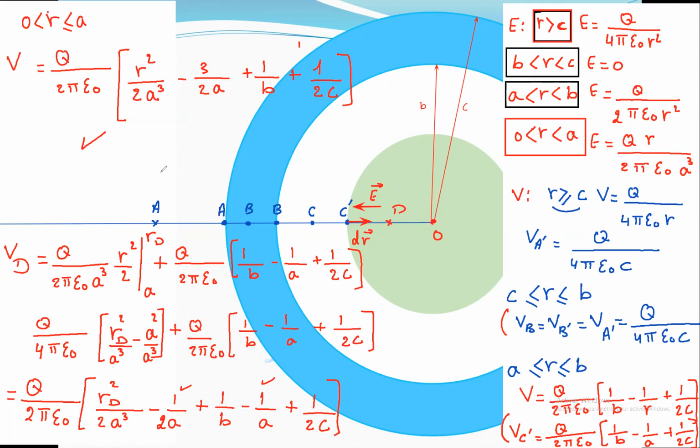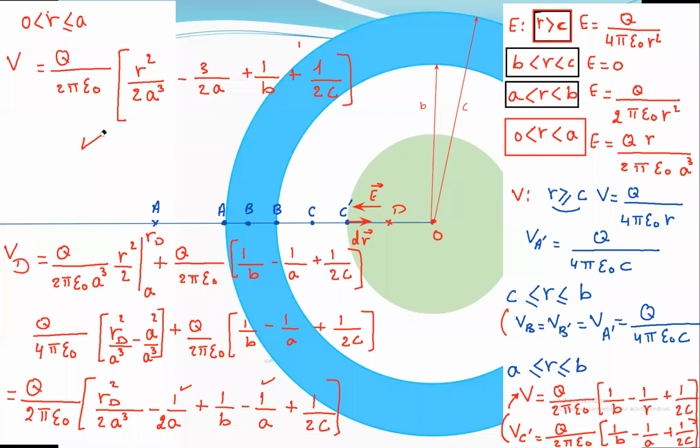In this case, if I ask you to calculate VC prime, we can calculate it from this relation. Also, we can use the same relation here to find VC prime.